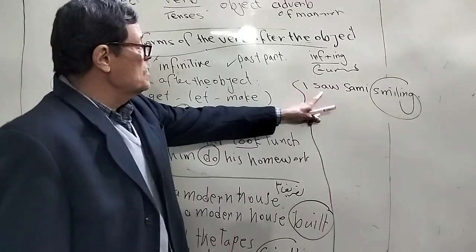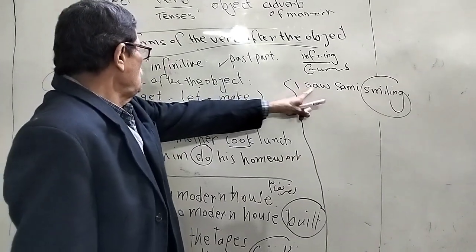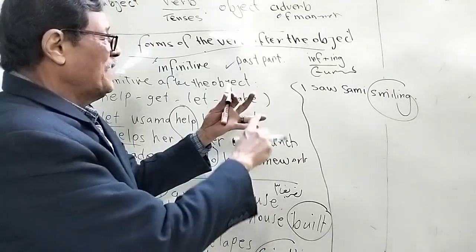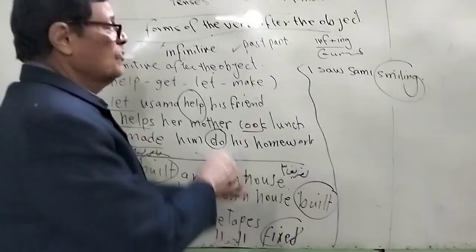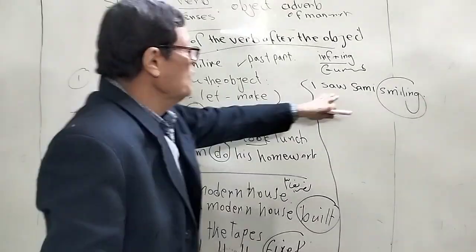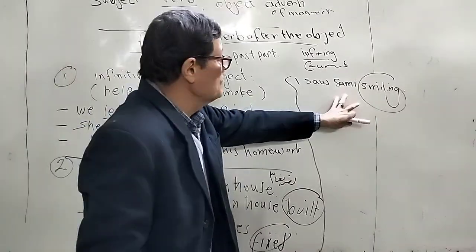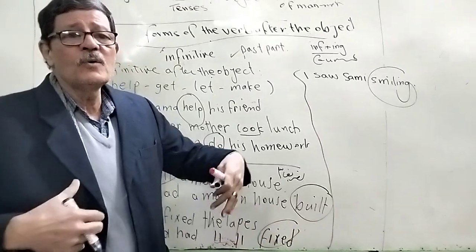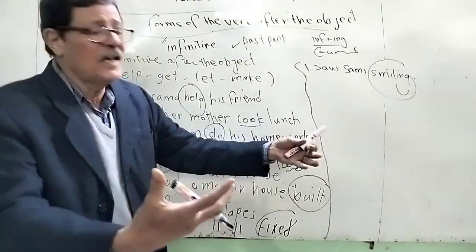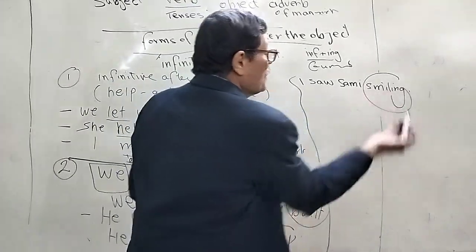In the sentence, there is no help or get or let or make or verb to have, but another verb. I saw Sammy. How was Sammy when you saw him? He was smiling.